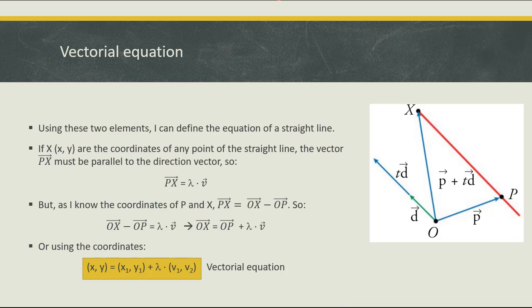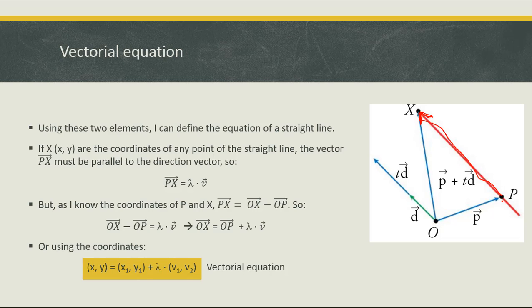So, if X is this general point of the straight line, the vector PX, this vector, must be parallel to the direction vector because it belongs to the straight line.